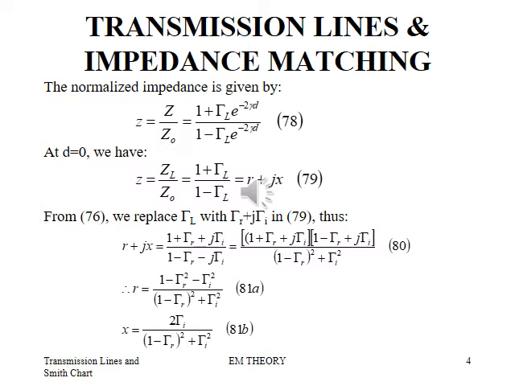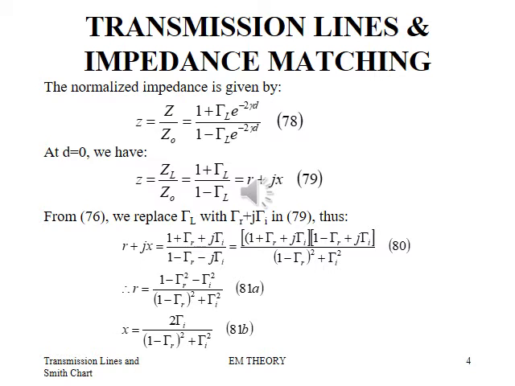Now, at d equal to 0, which means right at the load, our normalized impedance is simply Z_L over Z_0, which is (1 + Γ_L)/(1 - Γ_L), and z, the normalized impedance, is given by r + jx, because z is in general complex, so it has a real part and an imaginary part, as shown in equation 76.